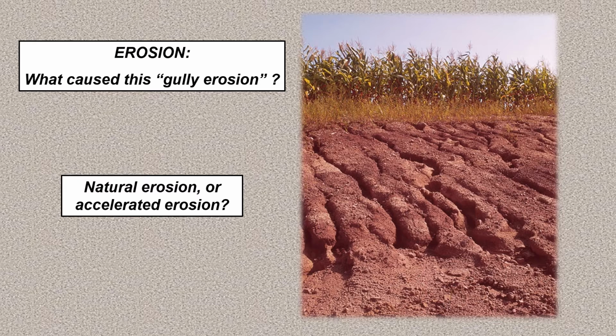Now, there's a big difference between the natural erosion that goes on to wear the mighty mountain down over millions of years versus the accelerated erosion that human beings get involved in. A good example is this field, where you plow the field too much and don't have cover crops and other processes that would conserve the soil.